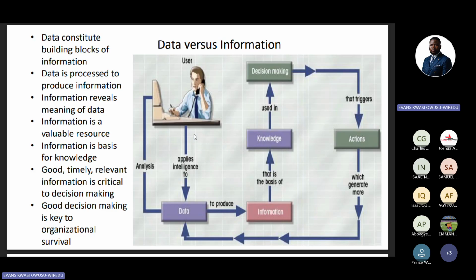And these are some of the importance of database systems to the world at large. And we say data constitute building blocks of information. So these are the pieces that come together to form information, as I've described elaborately in these examples.